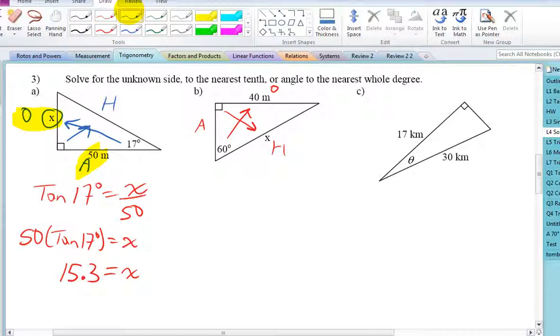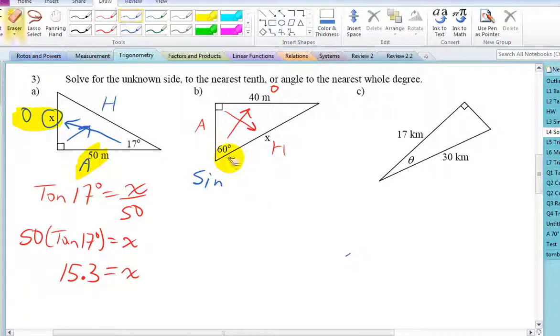What ratio are you going to use? But that's the opposite and the hypotenuse. Sine. Good. So sine 60 degrees.